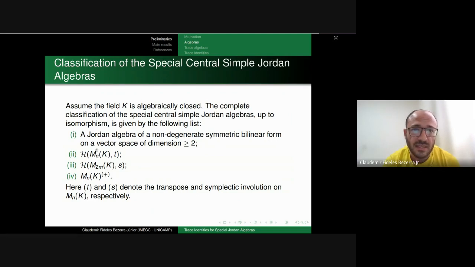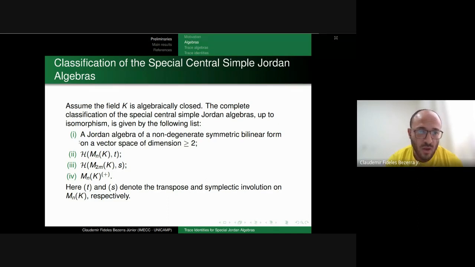As we can see, the classification of these special central simple Jordan algebras is closed by involution on an associative algebra. At this moment, assume the field is algebraically closed, and the complete classification of the special central simple Jordan algebras up to isomorphism is given by this list.